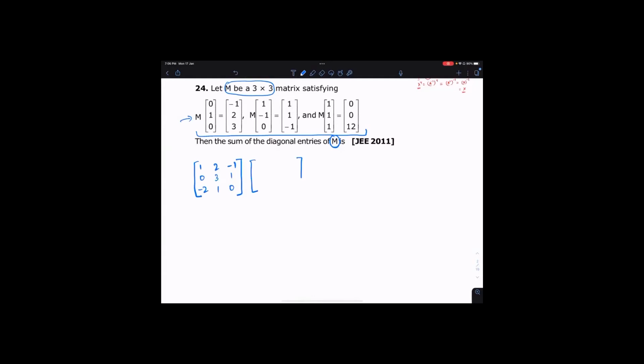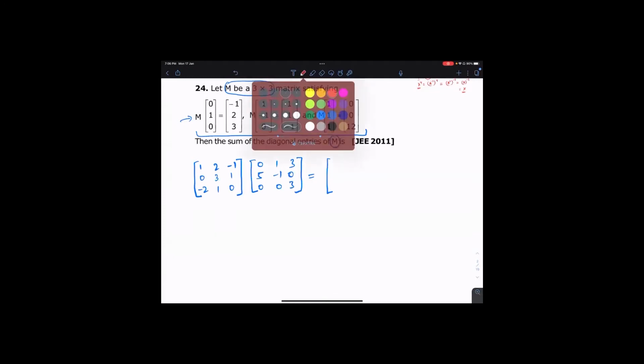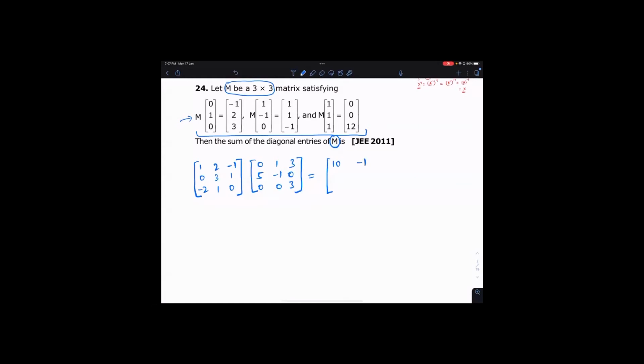This and this, let's say, I'll take more zeros. 5, minus 1, 0, 0, 0, 3. Let's take it like this. Now, when I'm multiplying these, what will I do? You know the multiplication. I'm not going to explain it again. I'll just write the result. You will get 10. Next, 1, minus 2, minus 1.